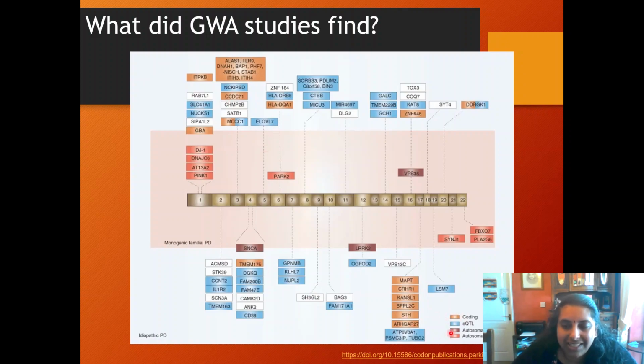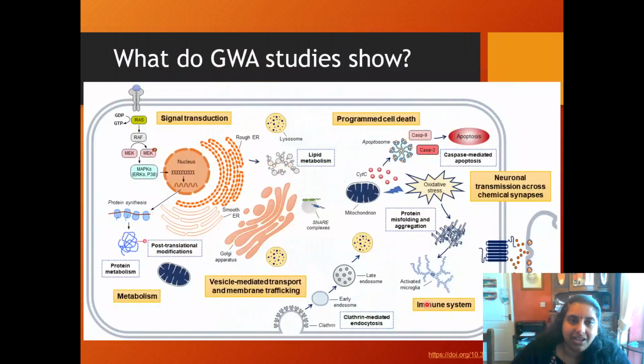And then there are these other studies that have actually looked at expression of particular genes and tried to associate that with Parkinson's disease, and those are indicated in these bluish boxes. And so this doesn't really tell you much, except that there are a lot of genes that might be involved in Parkinson's disease. So where do they fit?